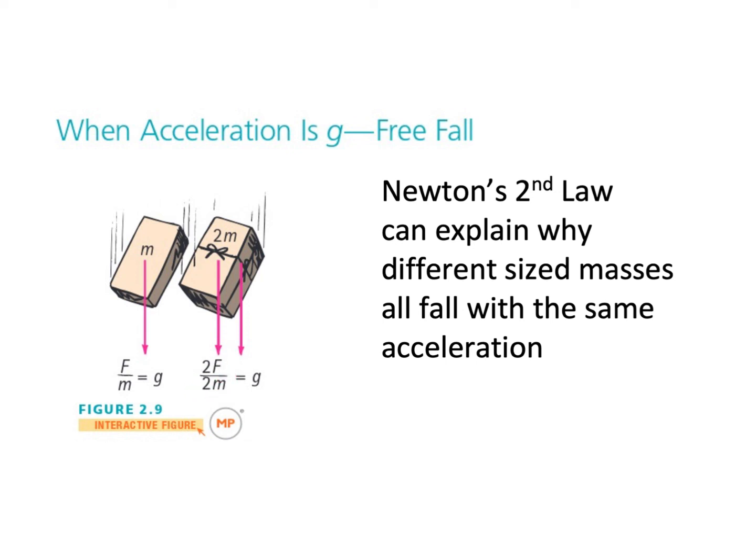And when you divide, you always get the same number, little g. This was something that for a long time, after Galileo discovered it, confused people. Why do things all fall at the same rate? Newton was able to explain that using his laws of motion. And so far we've looked at the first law and the second law. In the next video, we're going to look at the third law.